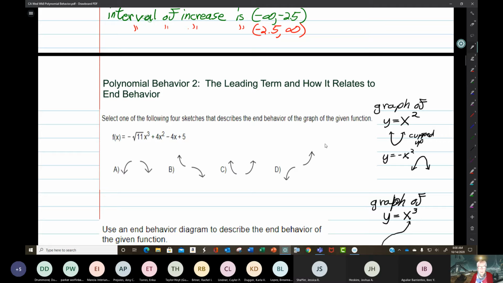All right. The leading term is the highest degree term. You know that. We've talked about it. Leading term. In this case, right here, the leading term is negative the square root of 11, x to the third.